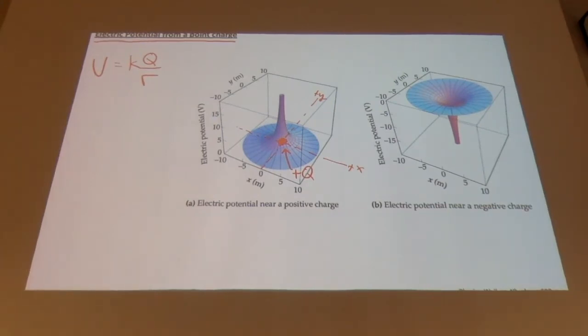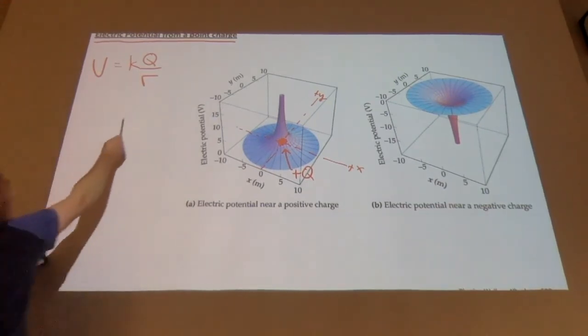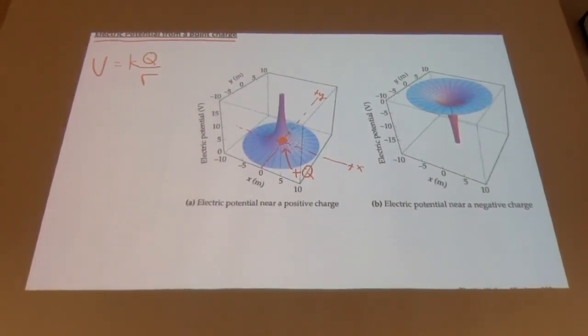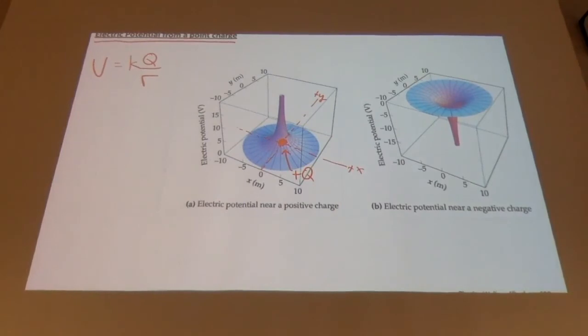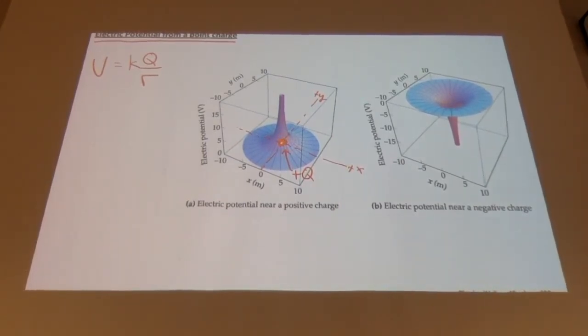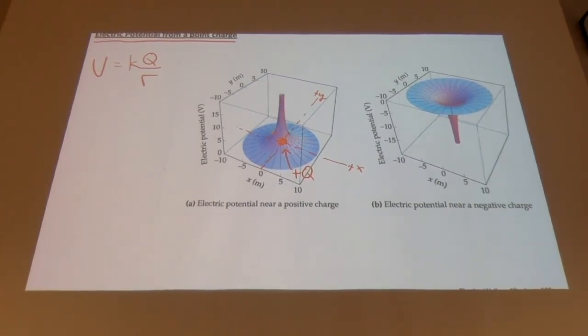When you do that, it makes sense that if I put in very, very small values for r, I get very large values for potential, okay? And you can see on this diagram, anywhere when I'm really, really close to 0, 0, notice what the potential is doing. It's basically going to infinity as I get really close to that charge.